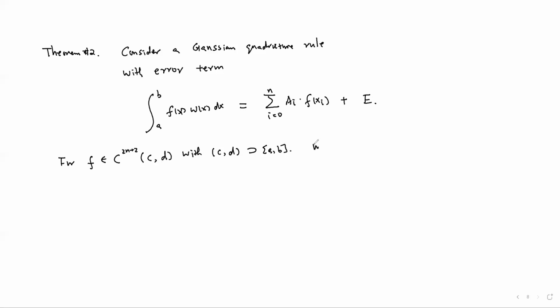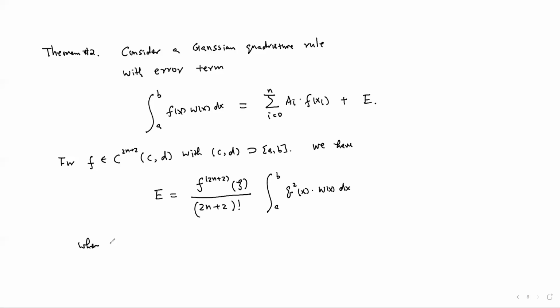Then we have the error term. The error term is f^(2n+2) taken at some point psi, over (2n+2) factorial, times the integral from a to b of q square times w, where psi is in the open interval (a,b).